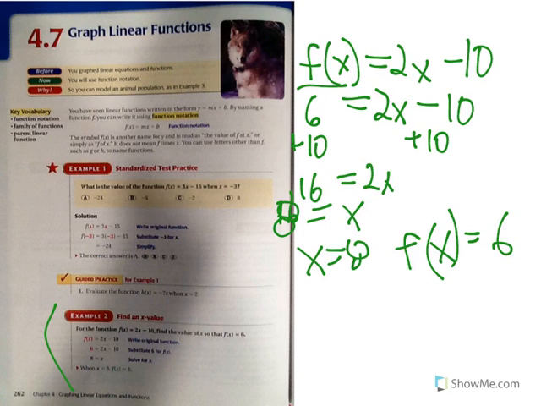Hopefully that makes sense. The whole idea is that instead of solving for the x side of the equation, you're solving the function side, the f of x side. So essentially you're solving for the y part instead of the x part.